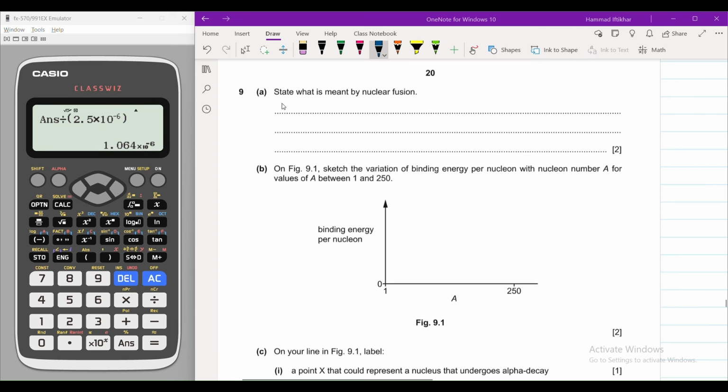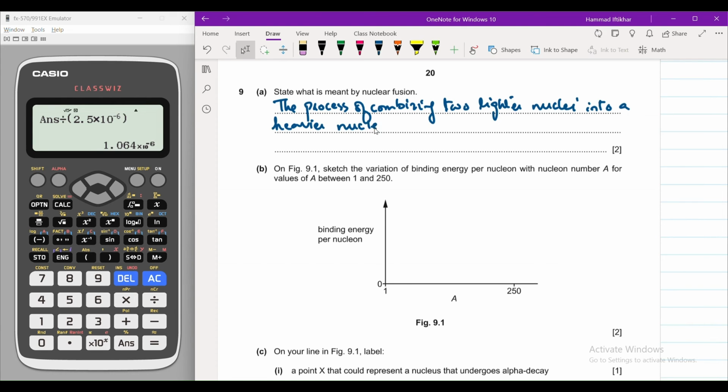This is the process of combining two lighter nuclei into a heavier nucleus with the release of energy.